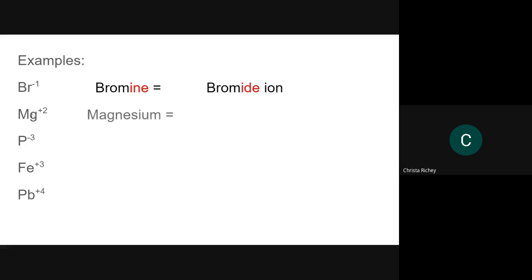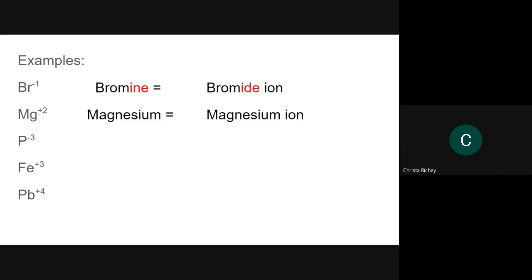Okay, what about this one? That's magnesium. What is its ion going to be? Do you change its ending if it's a positive ion? No. So what is the name of its ion? The magnesium ion.